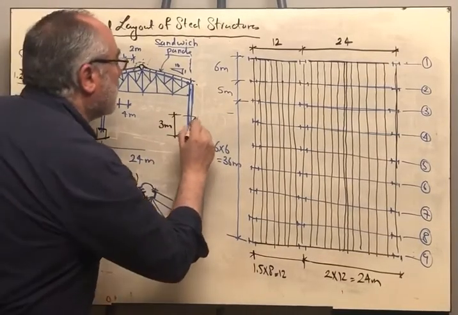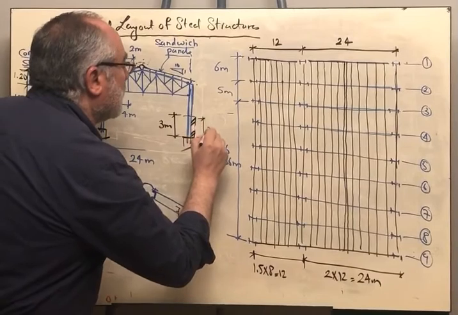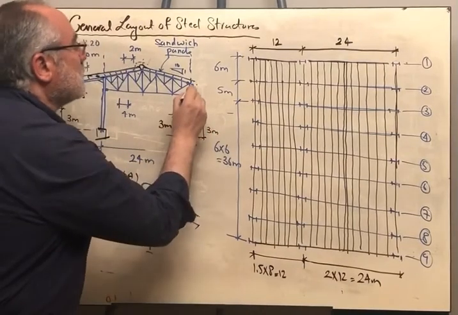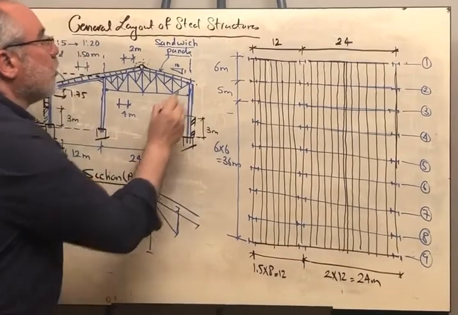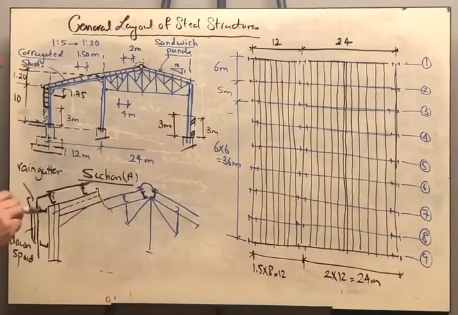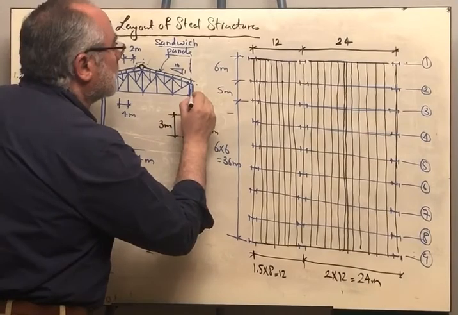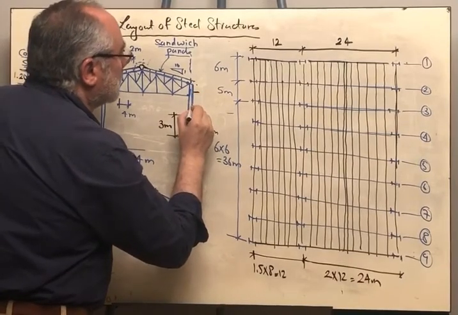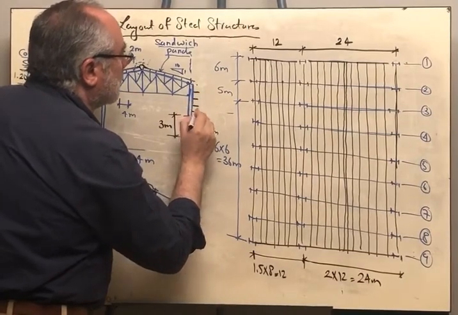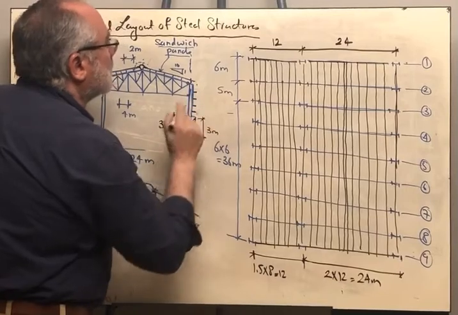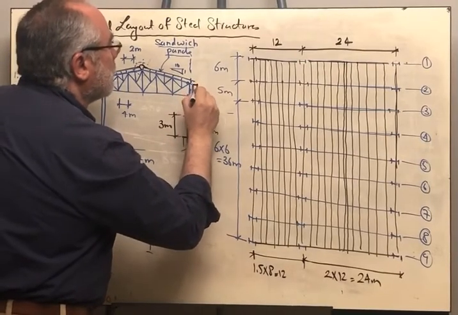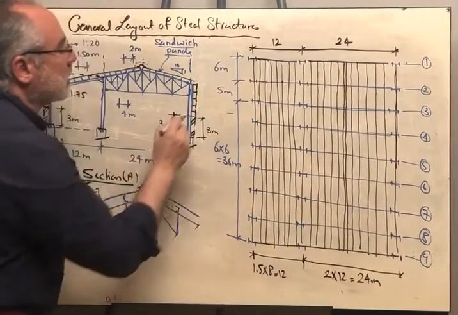So on this side, I will take 3 meters. This distance here, from this point to this point will be 8.2. So I will take it 1.75 by 4. And there will remain for us a distance like that.